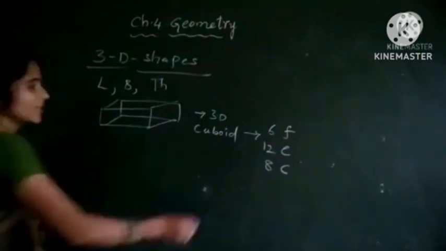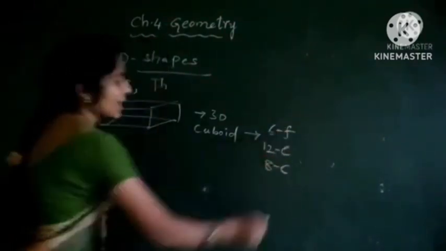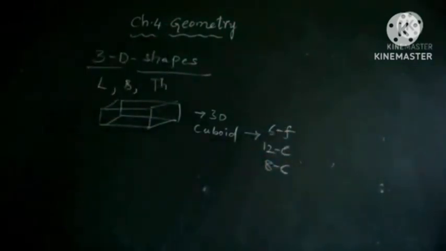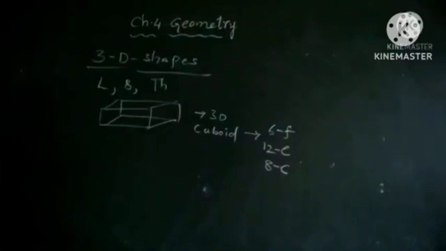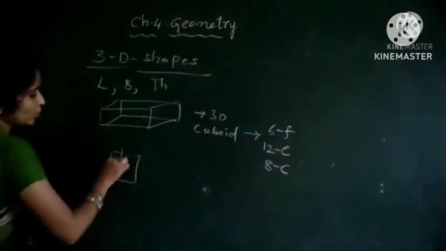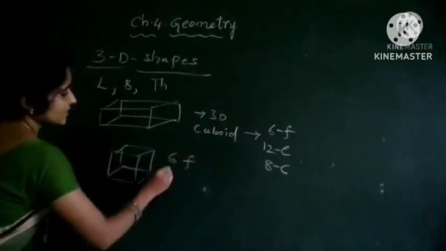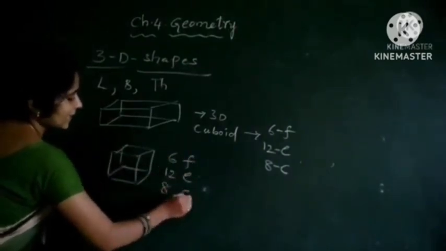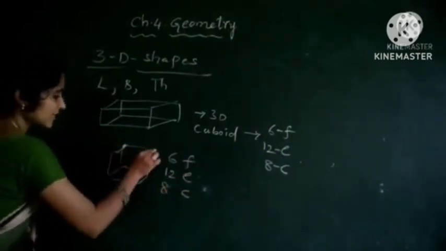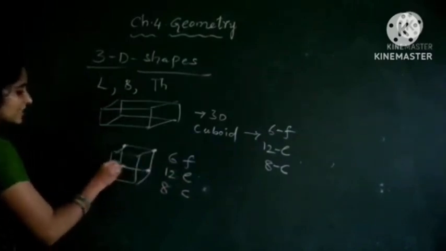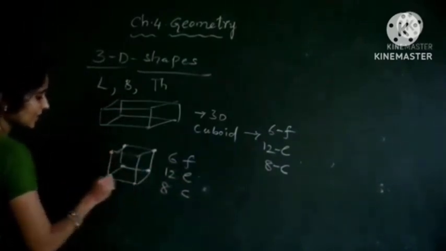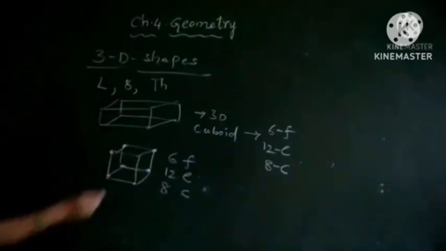We showed these in the class and already discussed. Cube is also the same. It also has 6 faces, 12 edges and 8 corners. Corners means nothing but vertices.